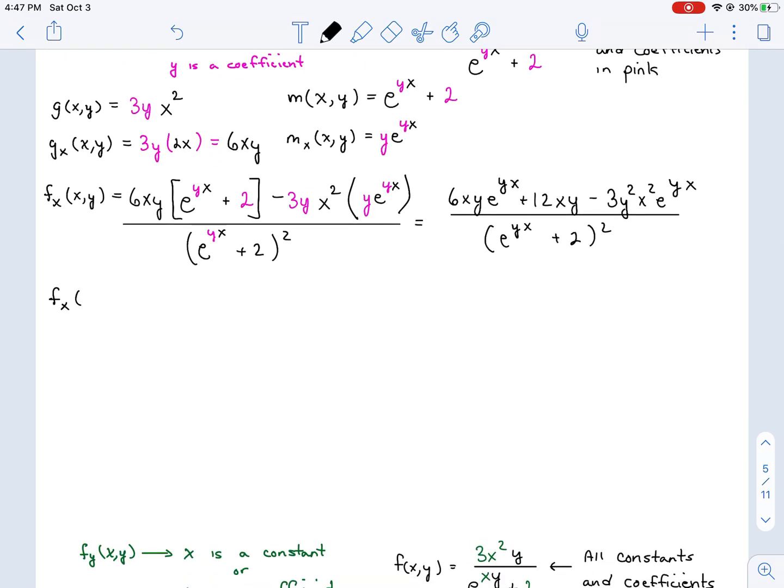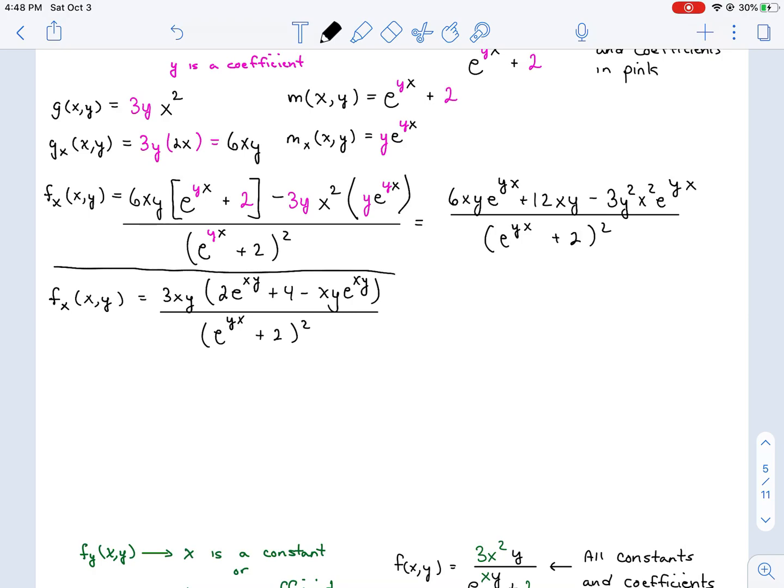So when we do that, we'll get the following. And here is the partial derivative with respect to x.